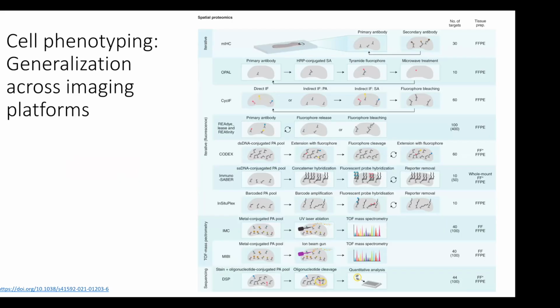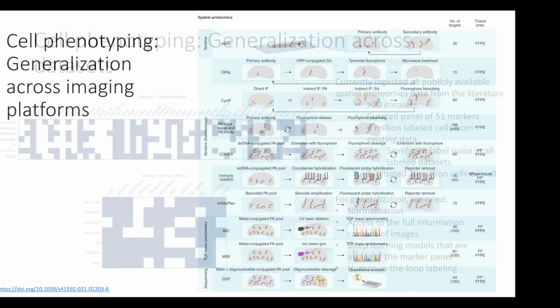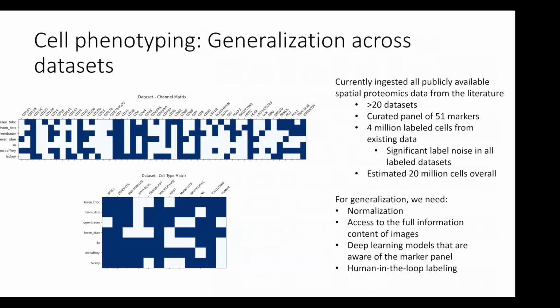There are a wide variety of different methods that are generating this flavor of data. Some of them are based on imaging with light, some of them on imaging with mass spectrometry. Each of them has its own nuances as far as signal to noise and autofluorescence characteristics. But then there are also challenges across different data sets that people are generating.